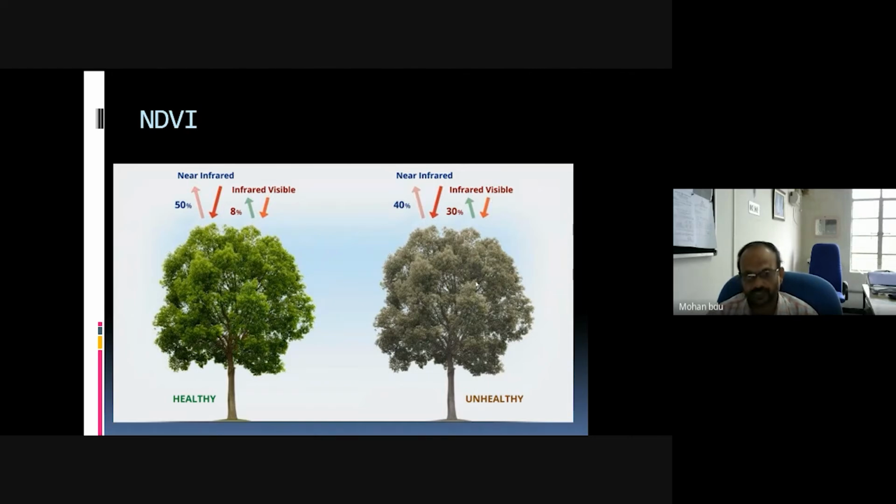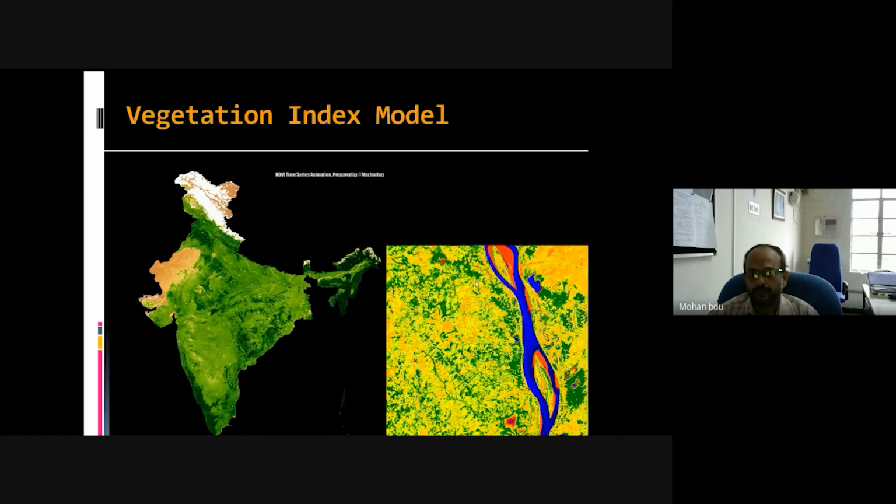So these values are computed, and then we can arrive at a conclusion that this vegetation is already affected, by air pollution or whatever it may be. So this is an example for you.